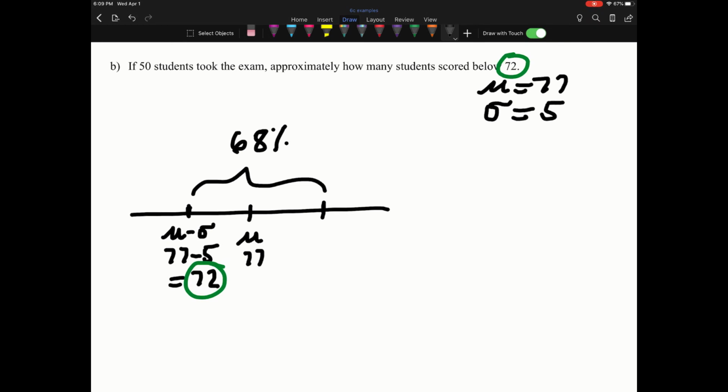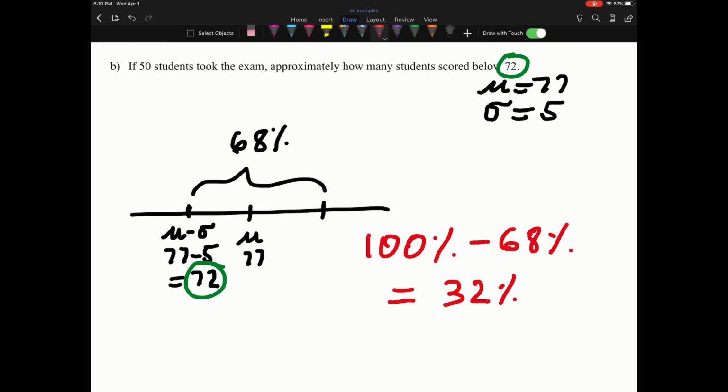So to find out the percentage to the left of 72, again, we rely on the distribution, where we know that all values together correspond to 100%. So if we take from everything, which is 100%, the amount of values that are within one standard deviation, that is 68%, we get that the result is 32.